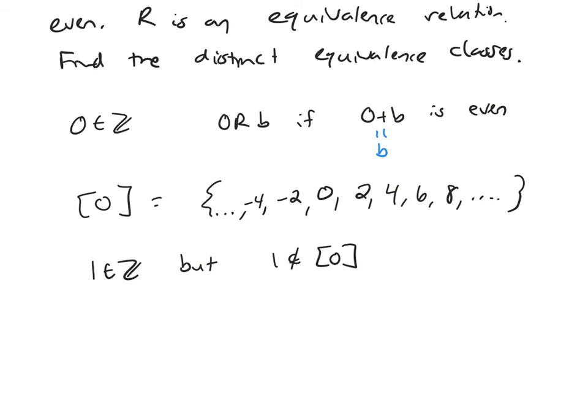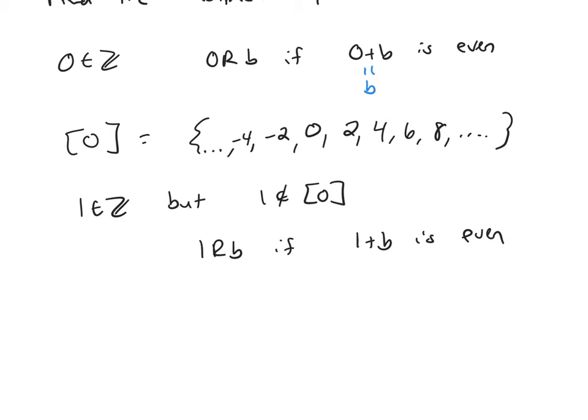So let's find all the elements related to 1. 1 is related to b if 1 plus b is even. 1 is related to 1 because 1 plus 1 is 2. 1 is related to 3 because 1 plus 3 is 4. 5 plus 1 is 6, and so forth. You can probably get the gist. -1 because 0 is even, -3.